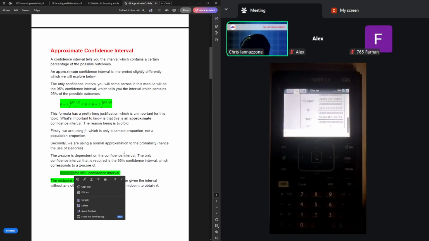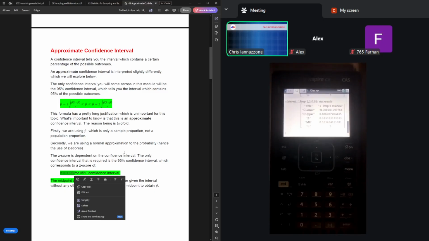You're going to get a relatively nasty looking table, though it's not too bad. The thing you're going to care about is the C lower and the C upper, and maybe the p hat value itself. You should already know the p hat value by the time you're plugging this stuff in, but it's nice to have a look at it and say, yep, that's definitely a third. That's what I was expecting.